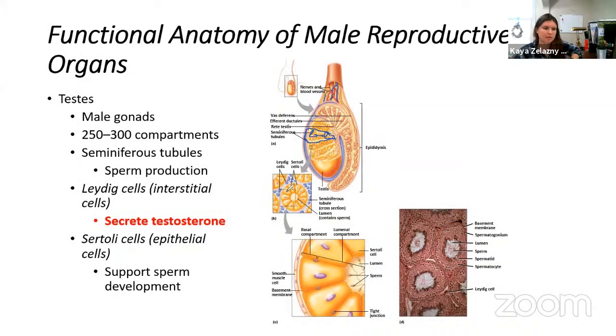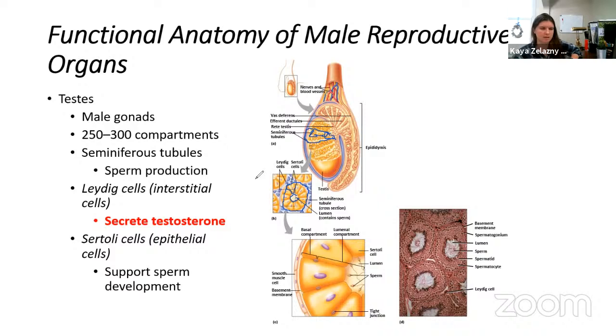If we look even closer, these tubules are made up of smooth muscle surrounding the tubule, and then the tubule wall is made up of these cells called Sertoli cells. And then the inside of the tubule we refer to as the lumen. So that is the structure of the seminiferous tubules.